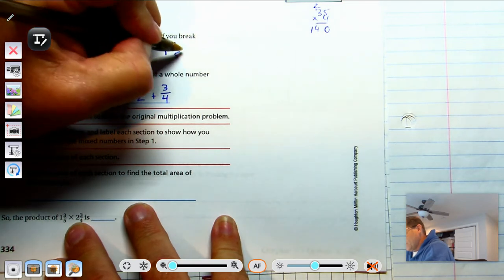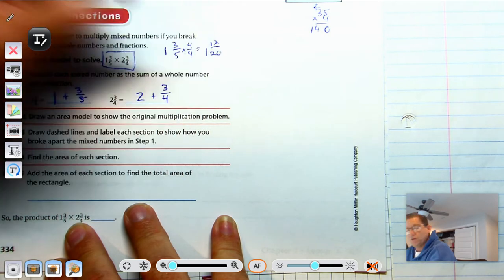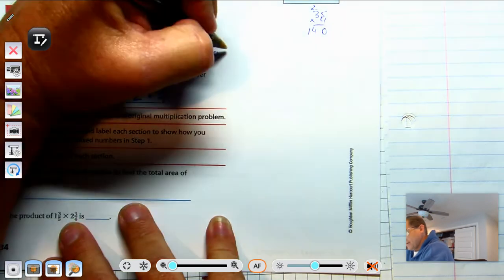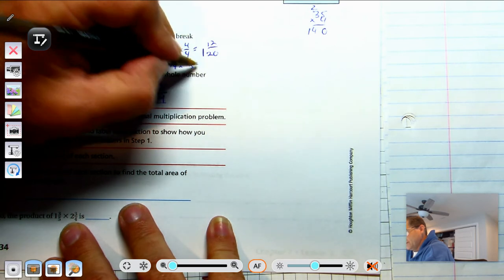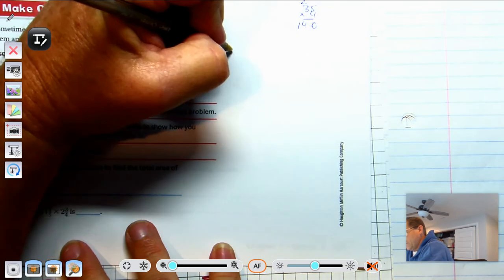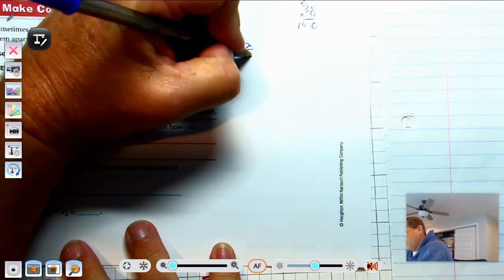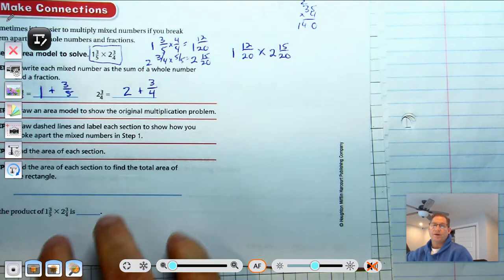So 1 3/5 times 4/4 equals 1 12/20, and 2 3/4 I would multiply by 5/5 to get 2 15/20. So we're multiplying 1 12/20 by 2 15/20.